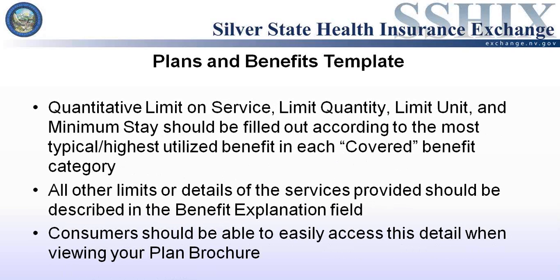We also want some of those limits to be incorporated into the benefit explanation field. That is a field that's available on Healthcare.gov for display to a consumer if they choose to look at it. So that's an opportunity for you as a carrier and for us to get some additional information that the template doesn't explicitly capture about those other benefits that consumers are typically interested in.